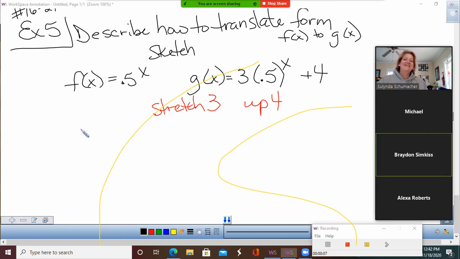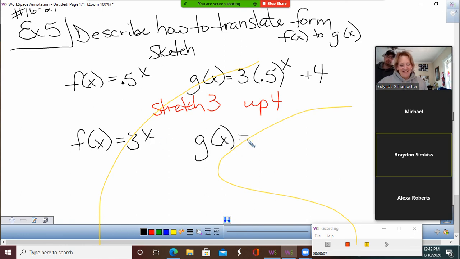All right, here's my last one. F of x equals 3 to the x and g of x equals -2 times 3 to the x minus 5. Hey, guys, so how do we get from f to g? What's this do?